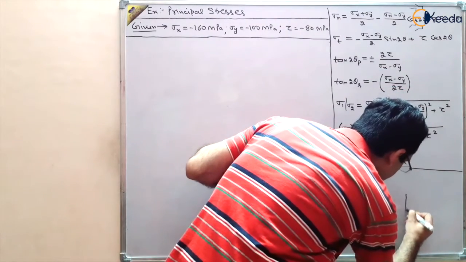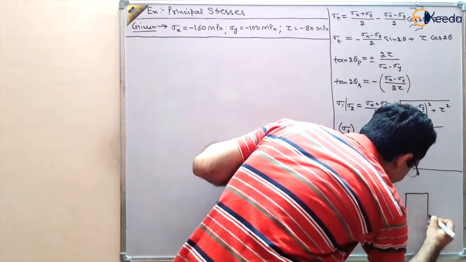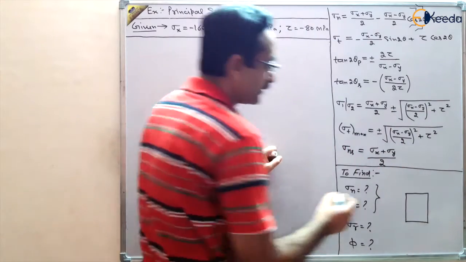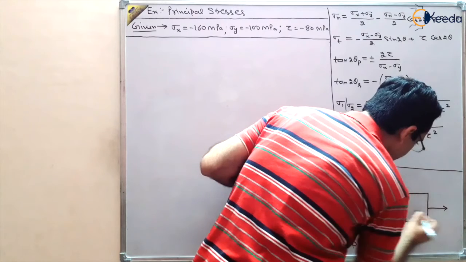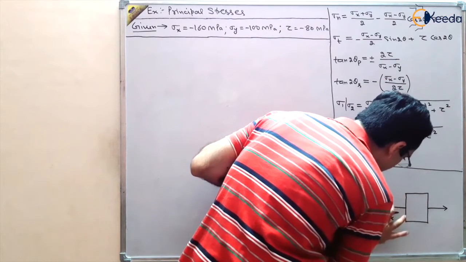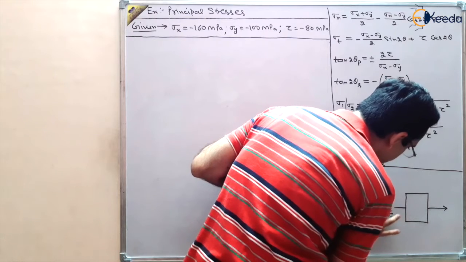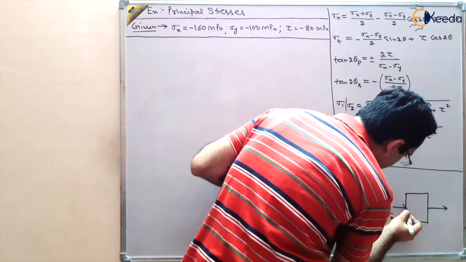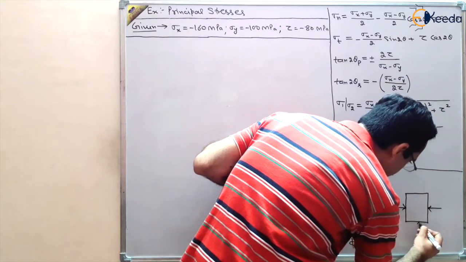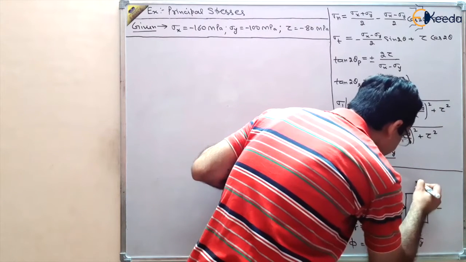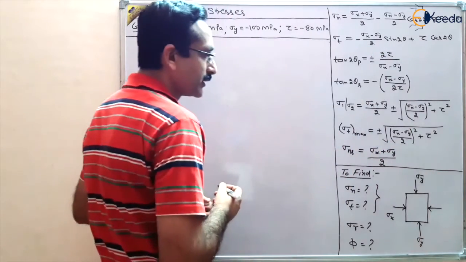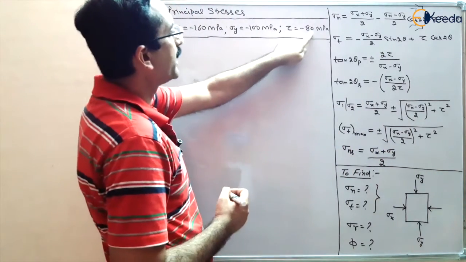Suppose this is our stress element, and sigma x is given compressive, so we are using compressive here. Sigma y is also compressive, sigma y, and tau minus 80.